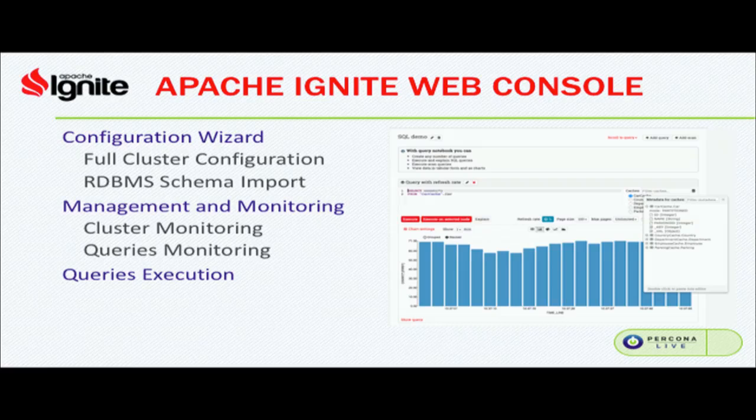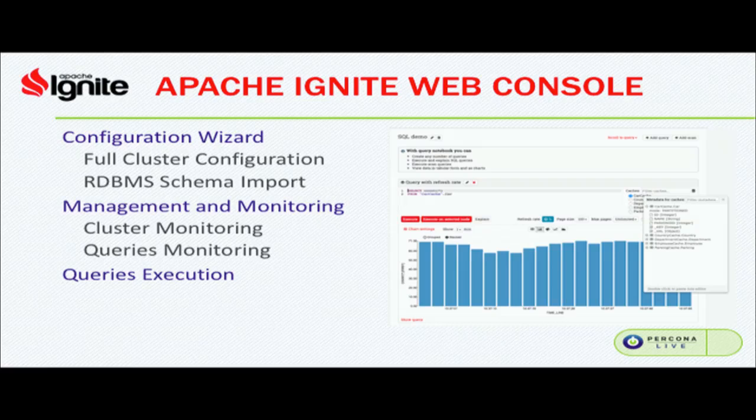And for this purpose, I can offer you a couple of different tools. Apache Ignite has its own tool called Apache Ignite Web Console. So actually, it's a management and monitoring wizard and configuration wizard.